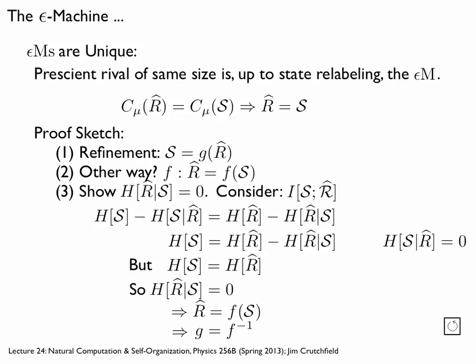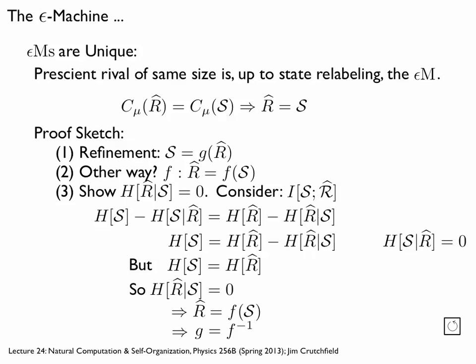Again, it's not as constructive. I'm not giving you what the F is, but at this information level, we've shown that this function from causal states to rival states must exist. The prescient rivals are partitions of refinement, but then we assume they're informationally the same size, so they somehow have to match each other, and the net result is that this function exists.